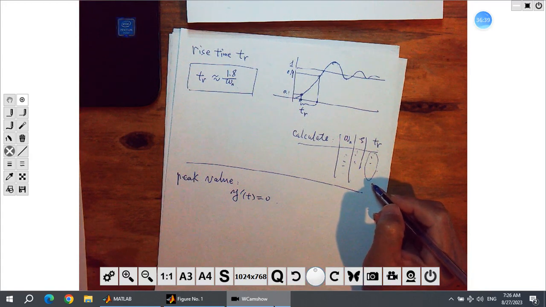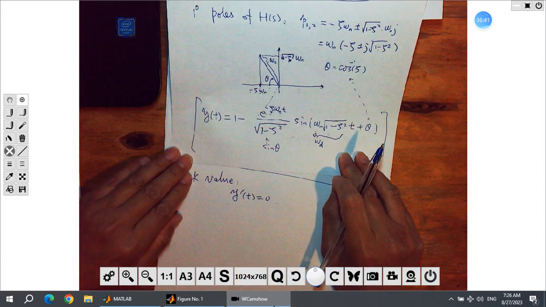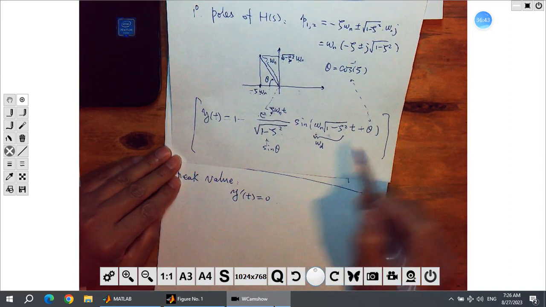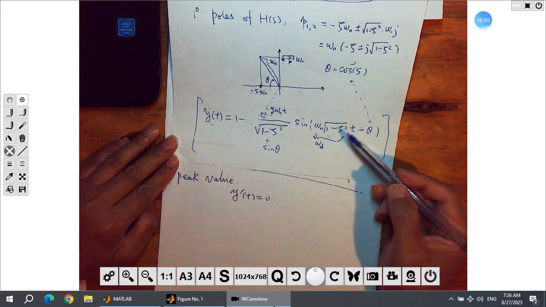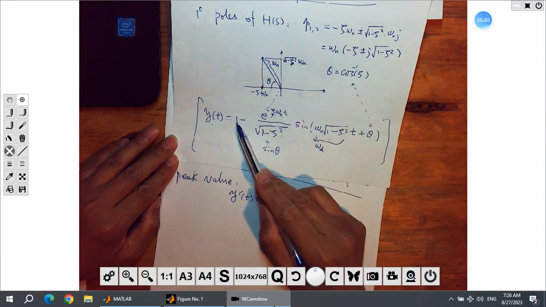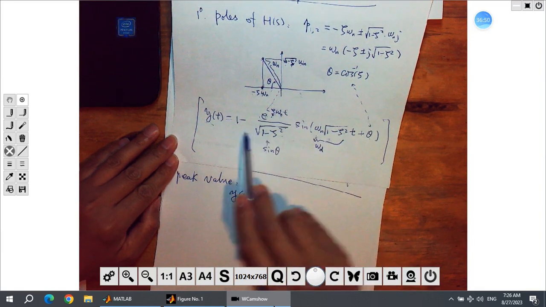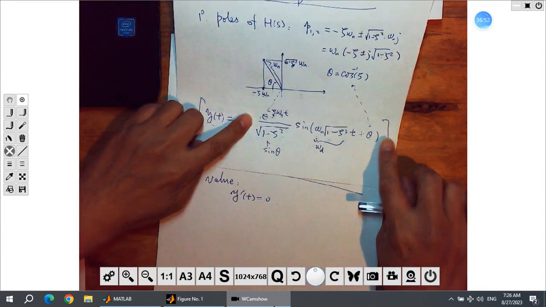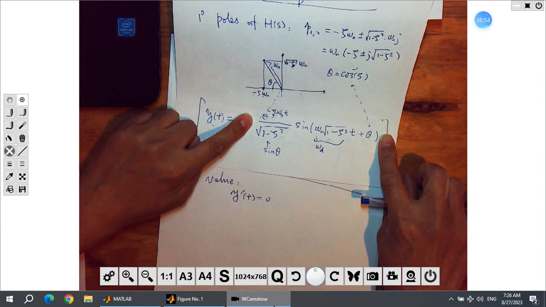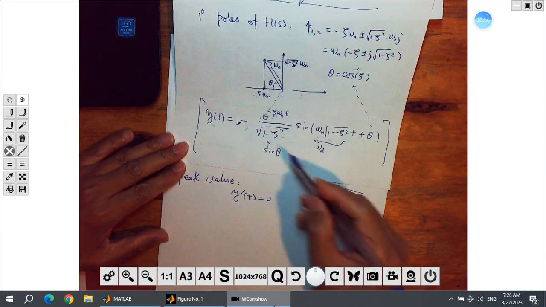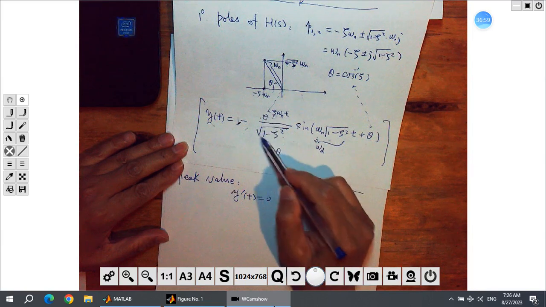Now what is this? Okay, we can have a look. Y is here, right? We take a derivative, then this 1 cancels. We only have this, and this minus doesn't matter. So we just need the derivative of this part equal to 0. Then we have 2 parts. We take the derivative on the first part.